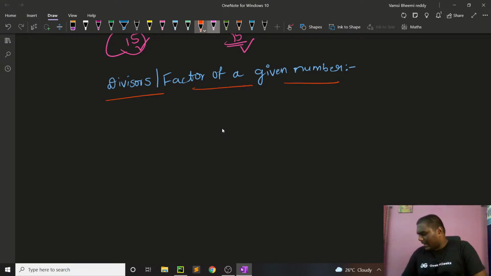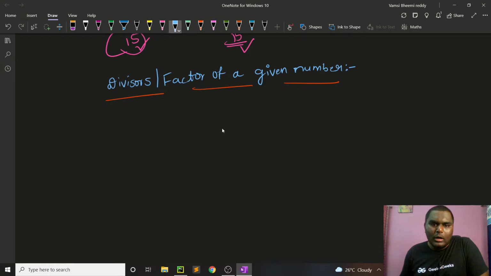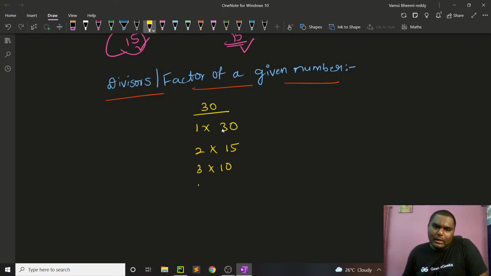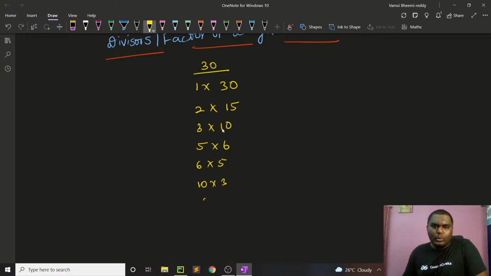You know the divisors, right? If I give you 30, just write the factors of 30. So 1 into 30, 2 into 15, 3 into 10, 5 into 6, 6 into 5, 10 into 3, 15 into 2, and 30 into 1.